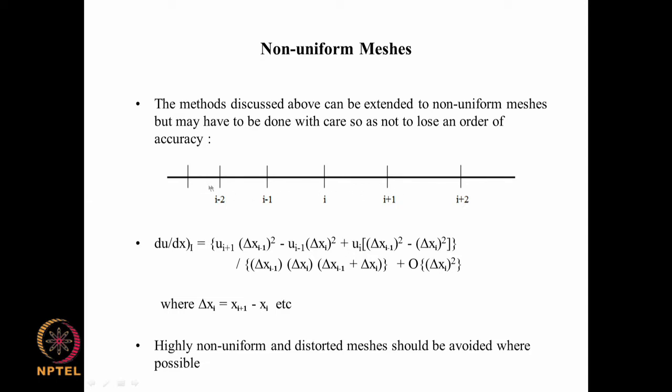But we do use this kind of geometric progression of the grid spacing, for example in regions of large gradients like in boundary layers and so on. But a grid with spacing which is changing is a non-uniform mesh.